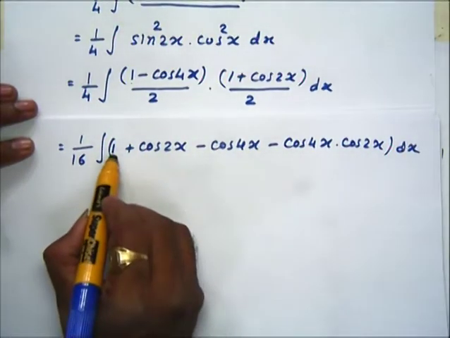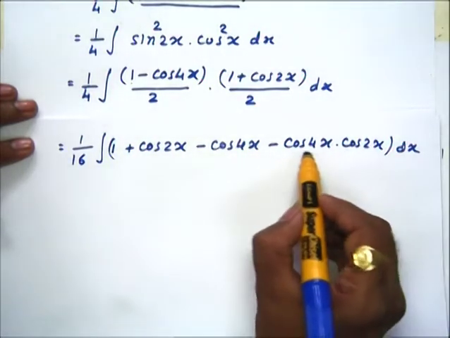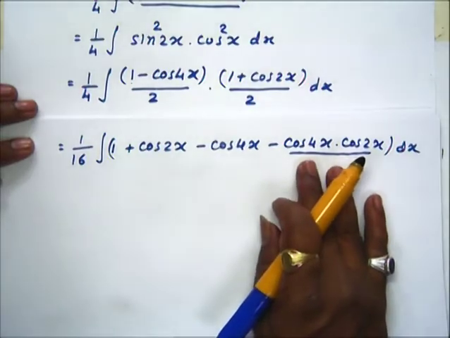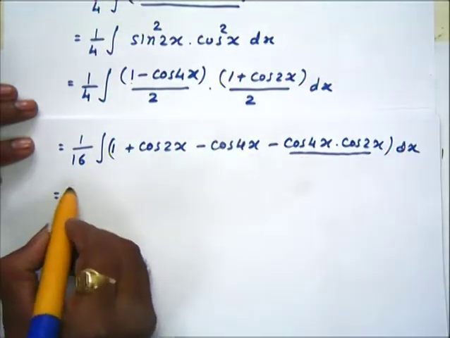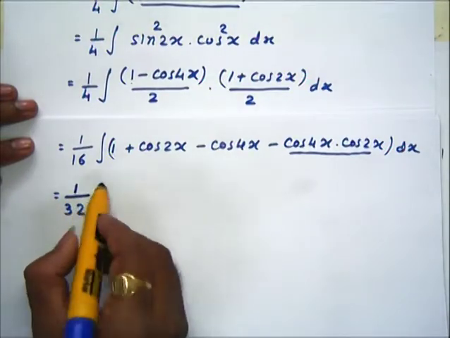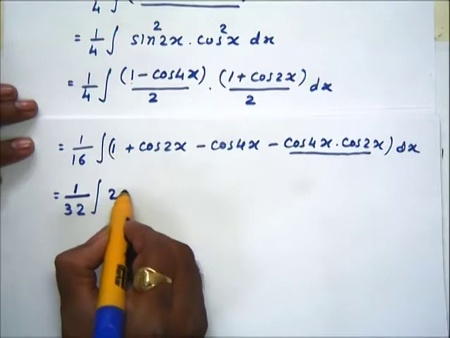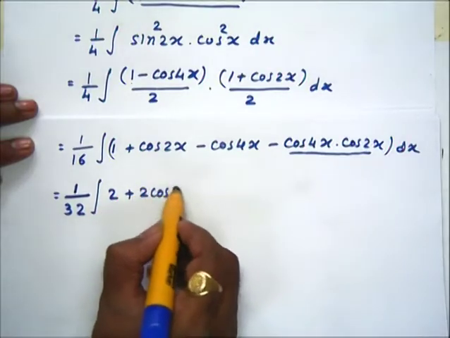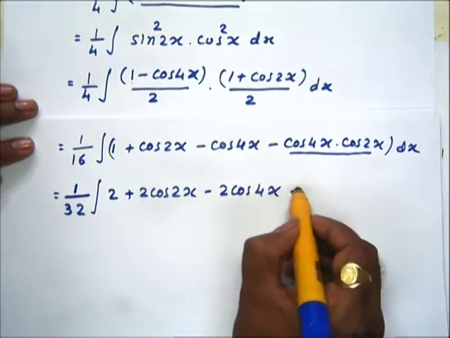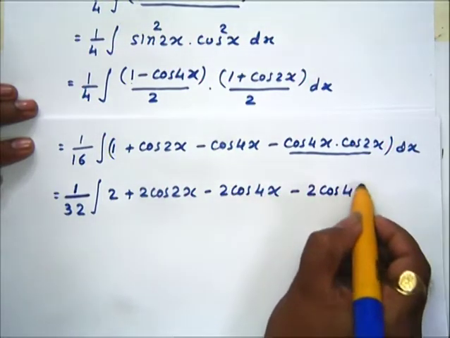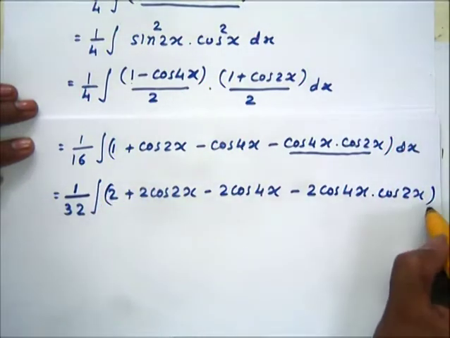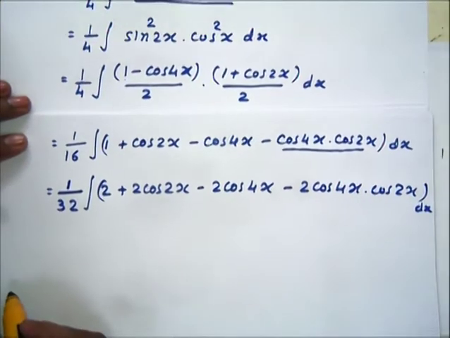Now we can integrate all the terms, but we have no formula for this product. So we have to convert this multiplication into addition. Multiply and divide by 2, so we have 1 upon 32 integration 2 plus 2 cos 2x minus 2 cos 4x minus 2 cos 4x into cos 2x dx.